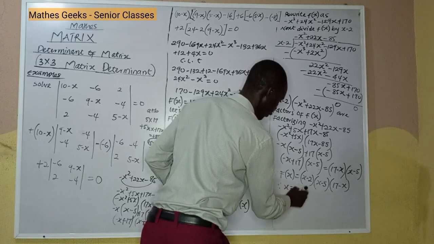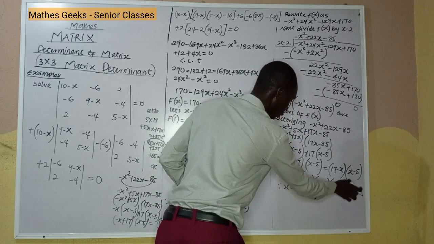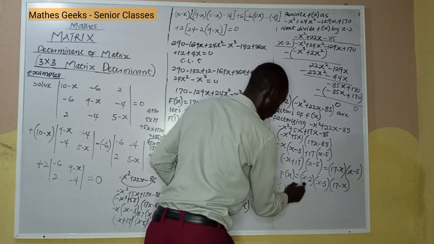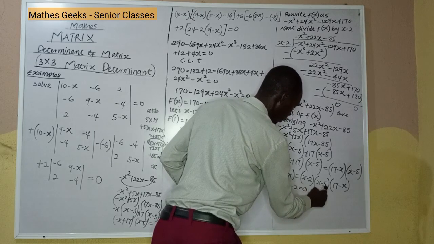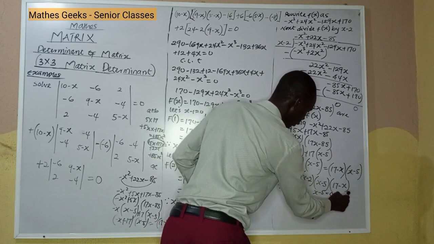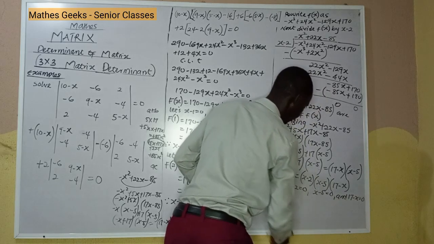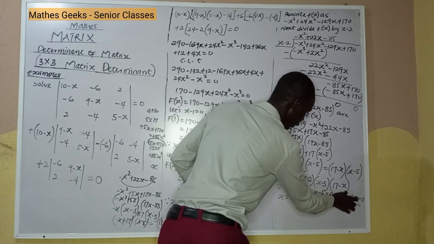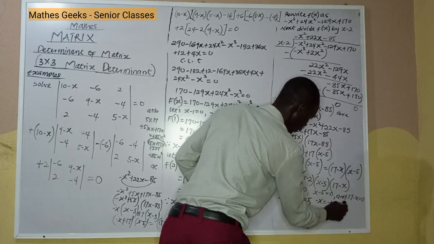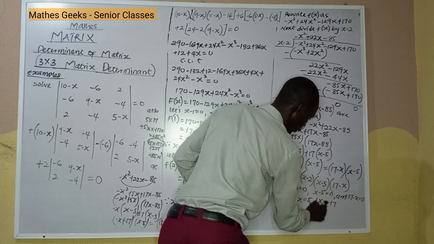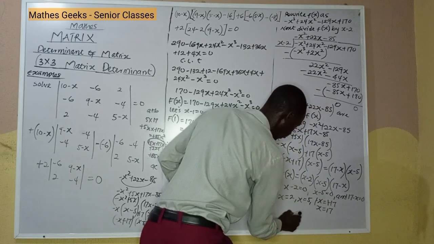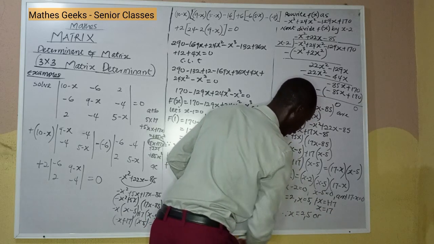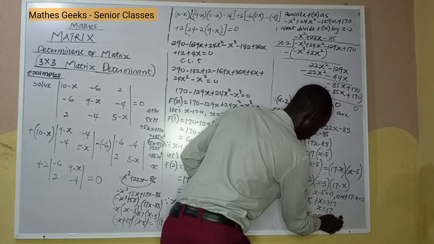If you equate each of these factors to 0: x minus 2 equals 0, x minus 5 equals 0, and 17 minus x equals 0. So x equals 2, x equals 5, and minus x equals minus 17, so x equals 17. Therefore, x equals 2, 5, or 17.